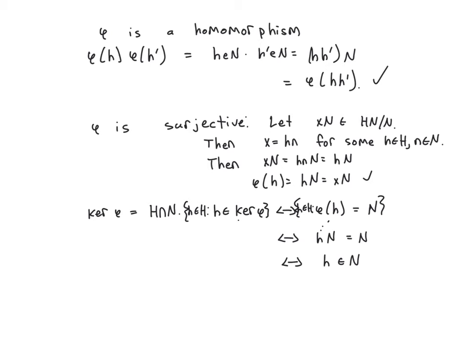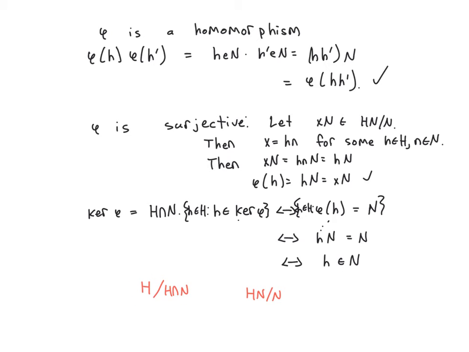The way I always remember this proof is that you always define the homomorphism where the codomain is the uglier group. And frankly, to me, HN mod N looks like a much harder to understand group than H mod H intersect N. So picking this as my domain, this as my codomain, is a lot easier than the reverse.